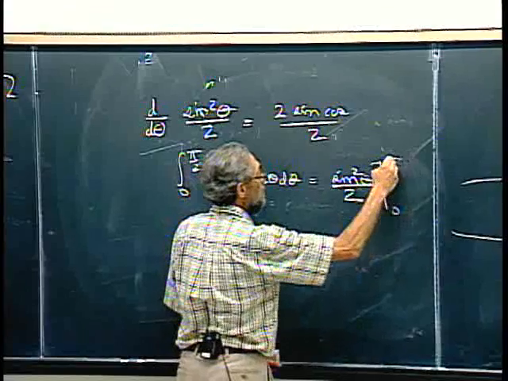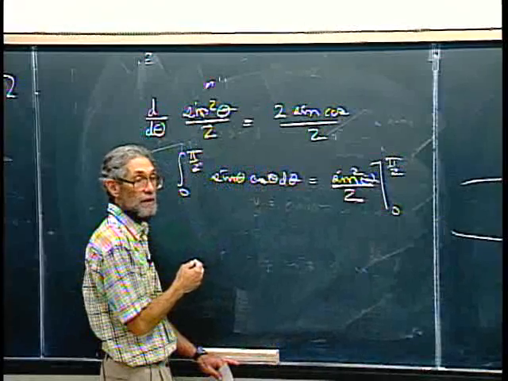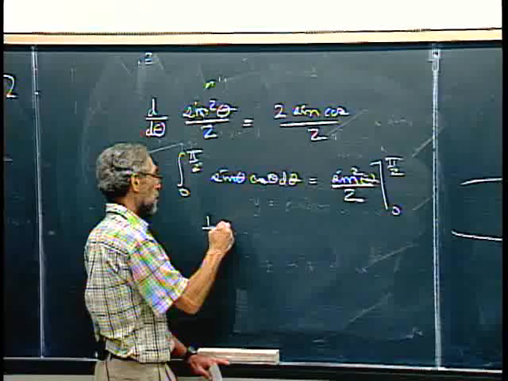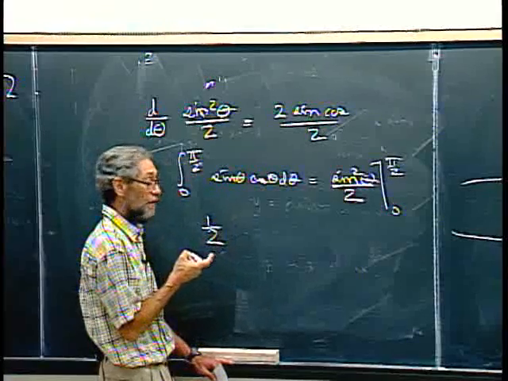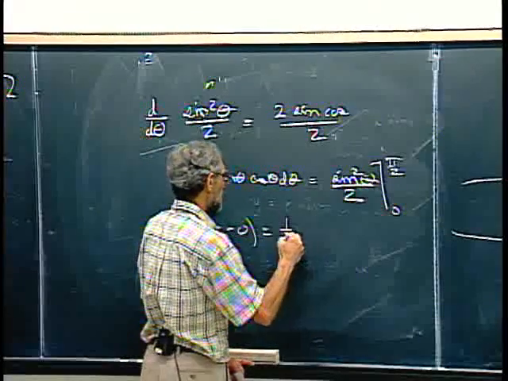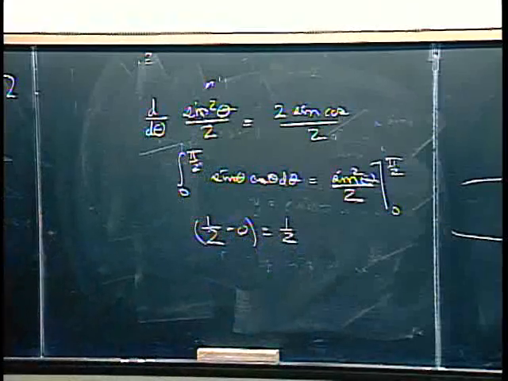0 and pi halves. So what's sine of pi halves? Sine of 90 degrees is 1. And so the upper limit is a half, and sine of 0 is 0. A half minus 0 is a half. So that means this integral is a half.